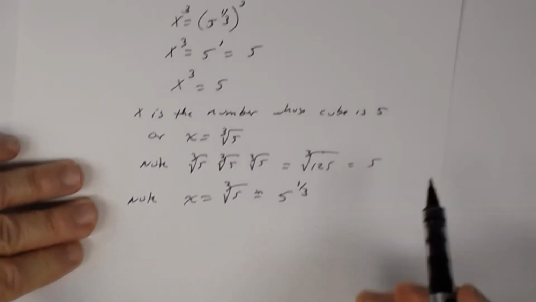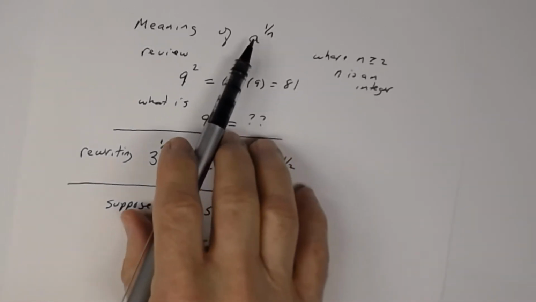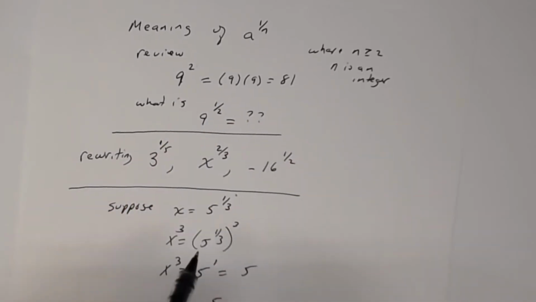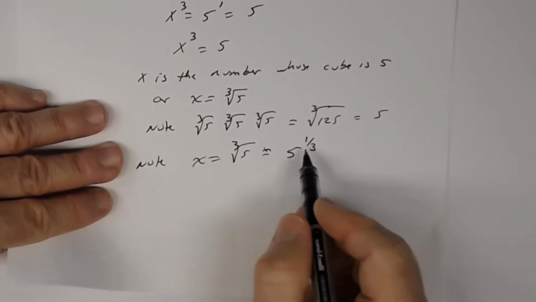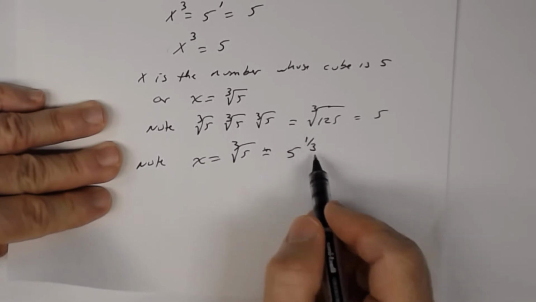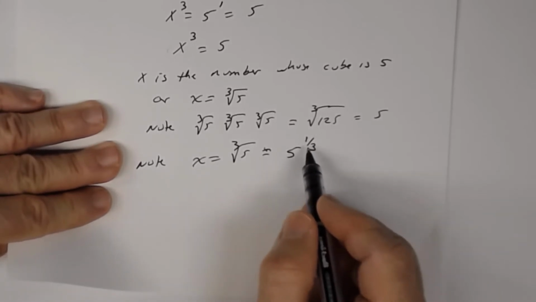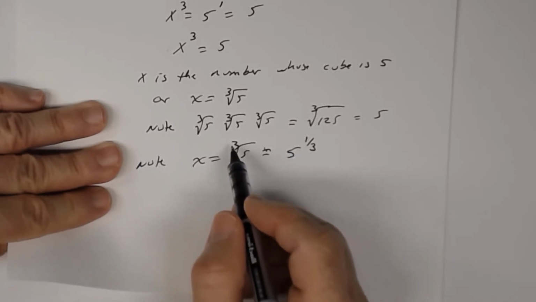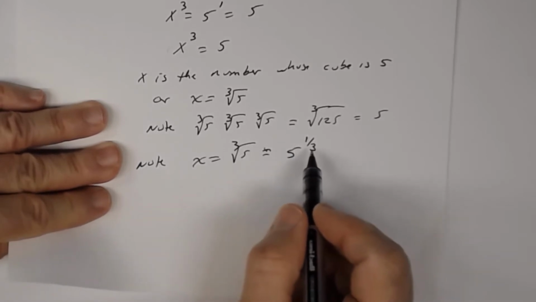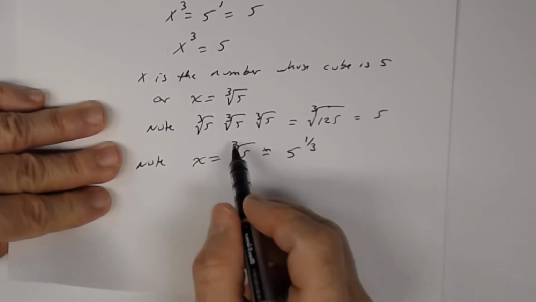And so from here, I want you to see what we mean by a to the 1 divided by n. So 5 to the 1 divided by 3, this 3 right here, see this denominator 3? That is your index. Listen carefully. The denominator 3 happens to be the index.